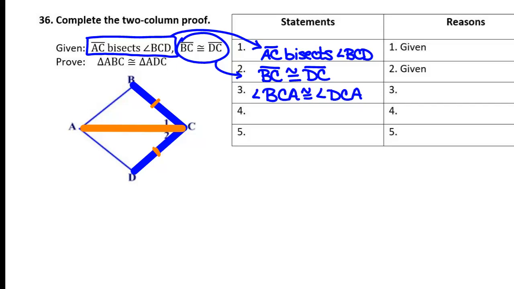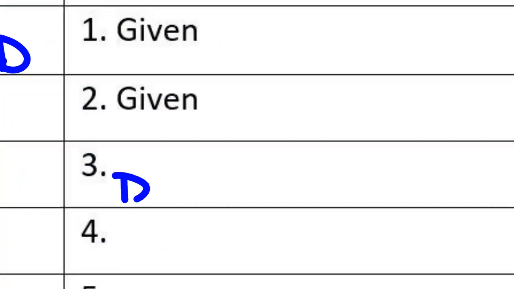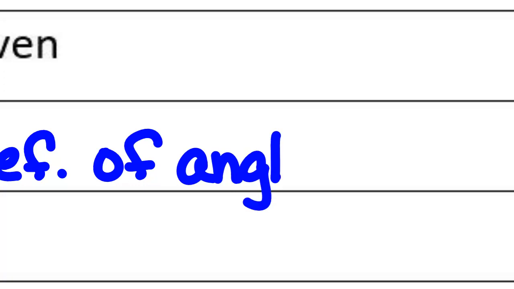What are we using to be able to say that? How did you know that that meant it was going to be cut in half? Because it says bisects. So what are you using to be able to say they're the same size? The definition. Definition of what was getting cut in half? An angle. Yes, definition of angle bisector.